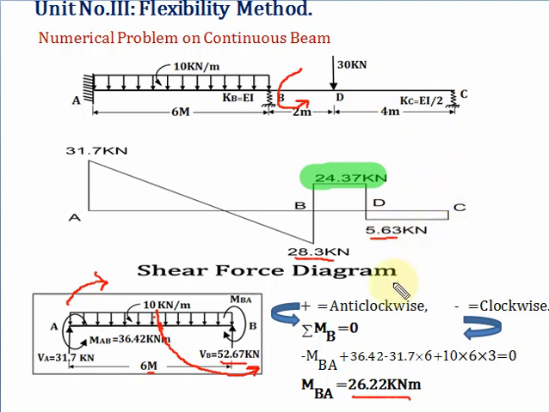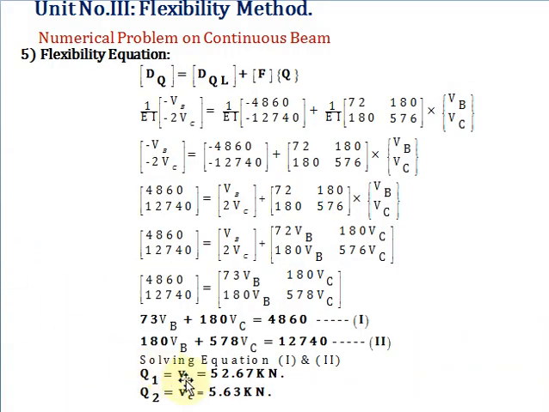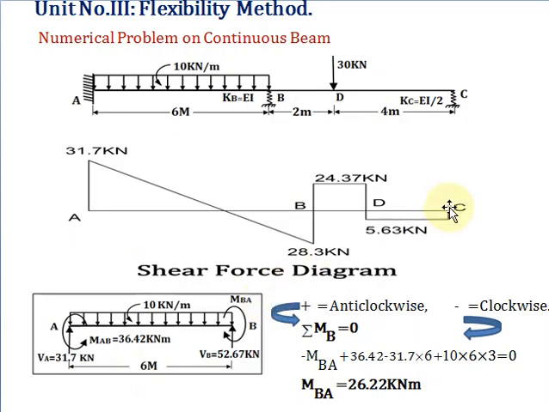At point C the reaction is 5.63 in upward direction, so here it will be 0.